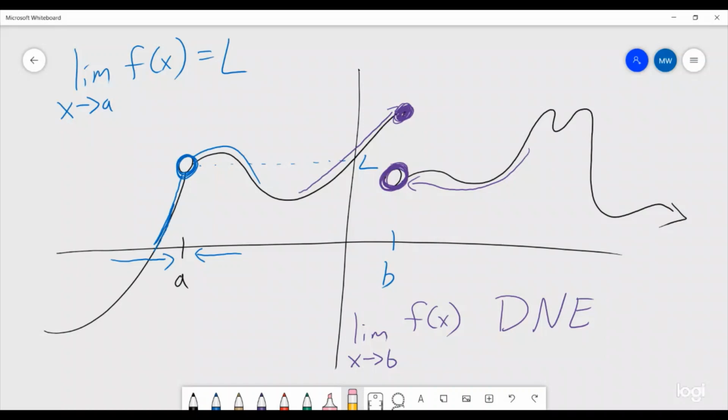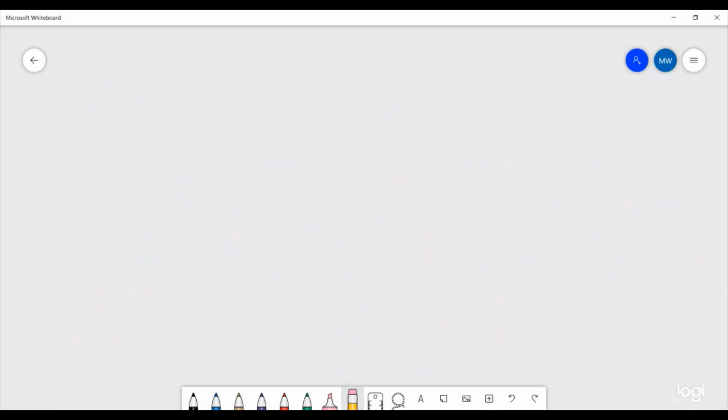So let's now do a couple examples of this. Let's figure out what is the limit as x approaches 3 of (x minus 3) squared minus x squared, all over x minus 3.